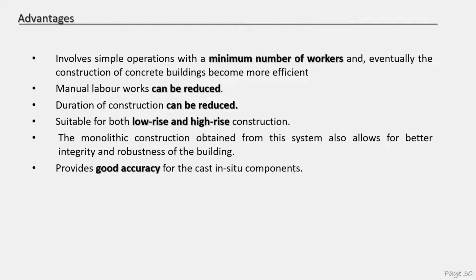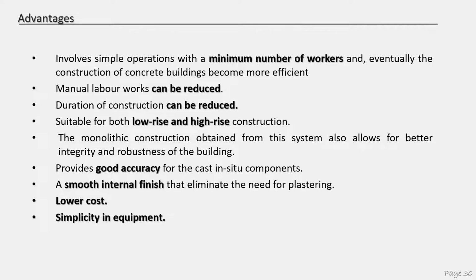So meaning that here the number of workers can be reduced because you will not use the carpenter on site. The general worker, you can reduce that workers. So manual labor works can be reduced. And of course, the durations of the construction will be reduced. And it suit for both low and high rise building, and provide accuracy for the cast in situ component.